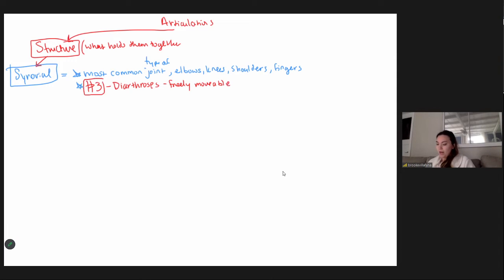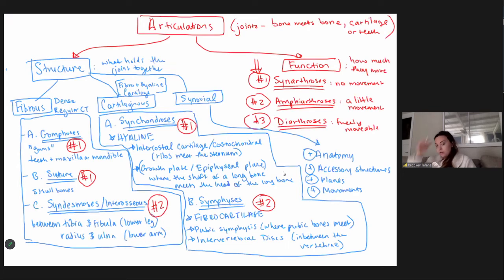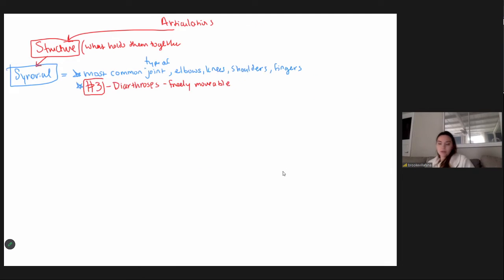If you look back here, do you see how we had a synarthrotic 1, 1, 2, 1, 2? So we never had a number 3, right? So number 3 for the first time is our synovial joint, is our freely movable joint. Okay.